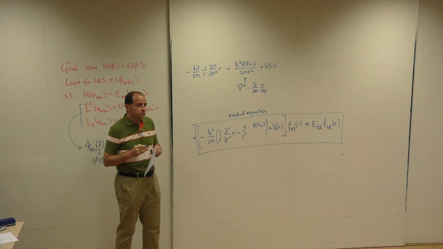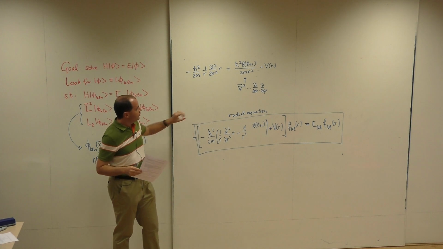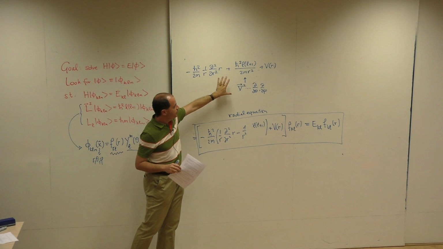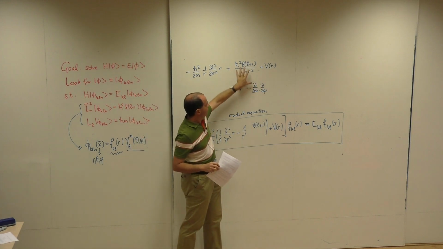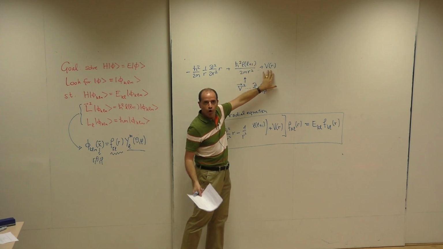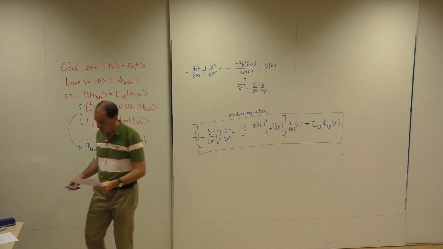But now it's a mathematical problem, right? So you can look, what does this look like? It looks like a gradient in r plus a potential with two terms: the normal potential and this object. What does that object look like?